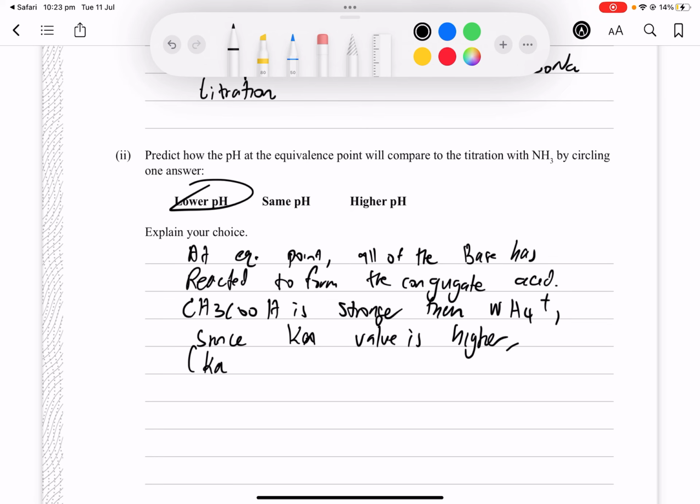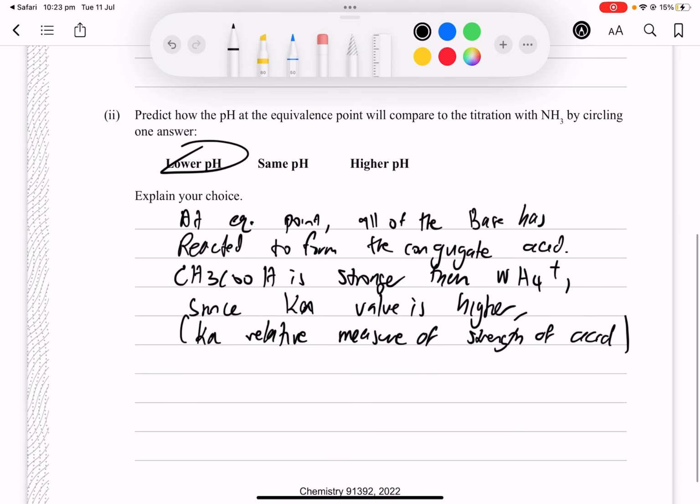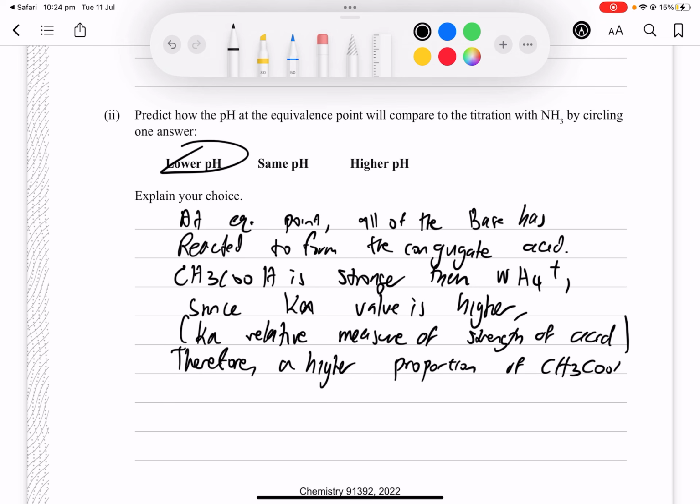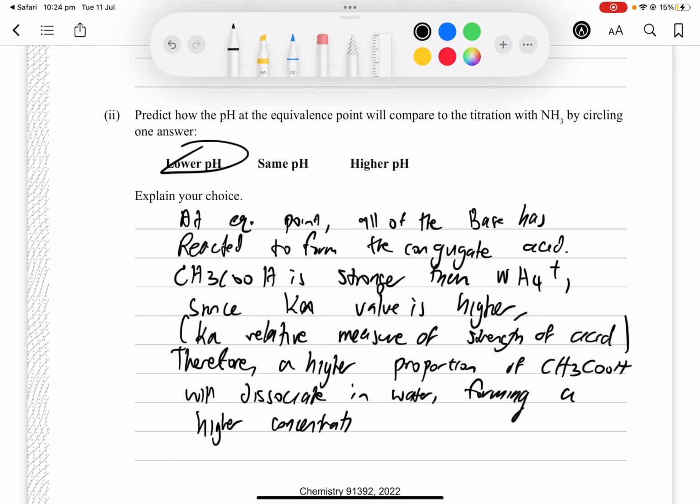Since Ka is a relative measure of the strength of an acid, a higher proportion of CH3COOH will dissociate in water, forming a higher concentration of hydronium ions.